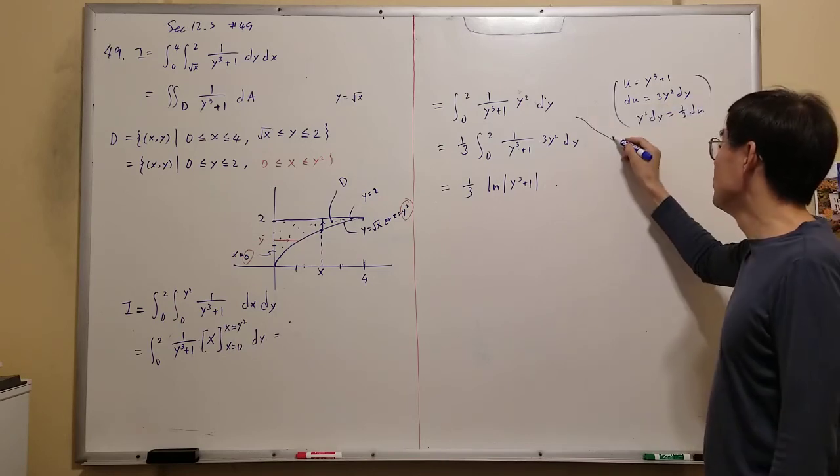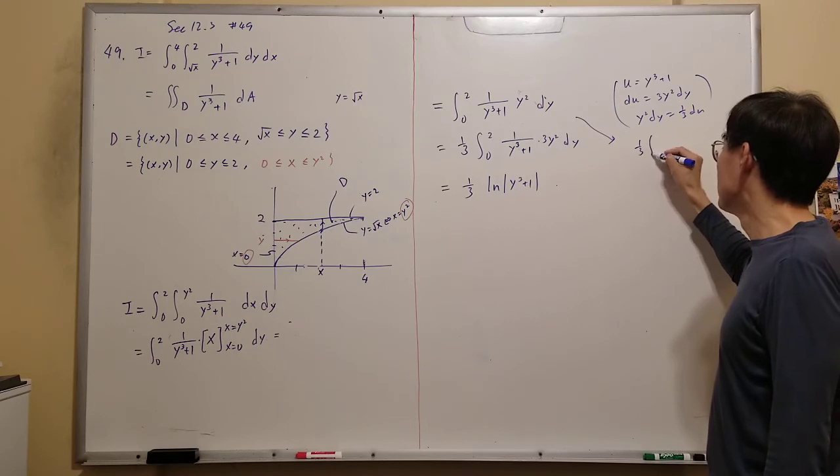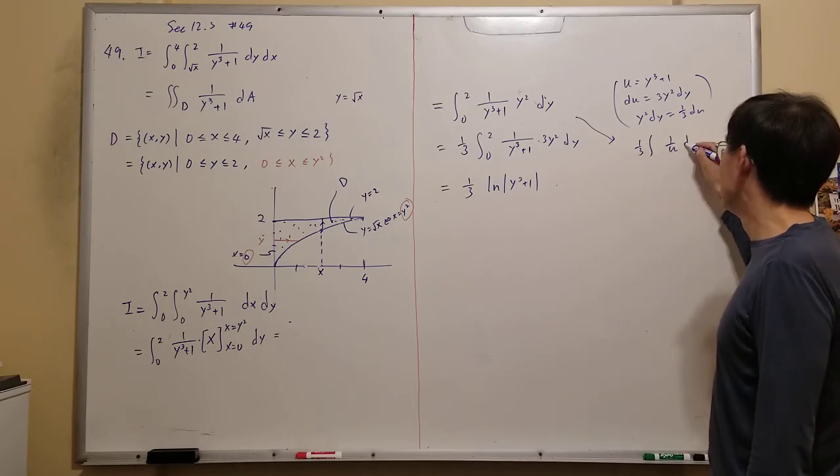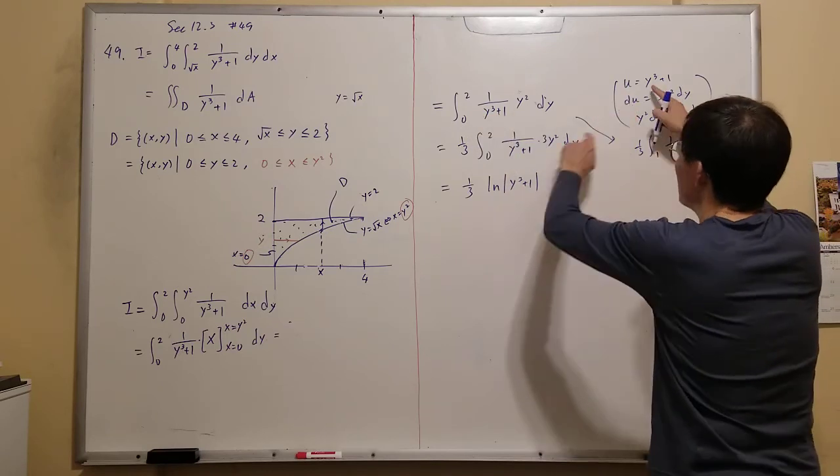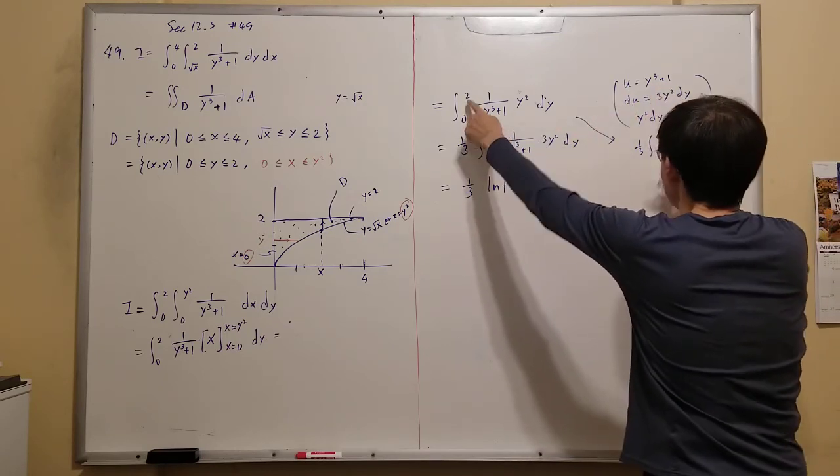So this one will be 1/3, 1 over u du. But then when y equals 0, u equals 1. When y equals 2, u equals 9. Alright?